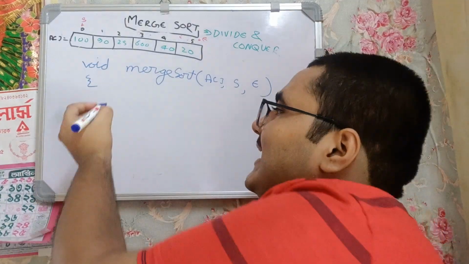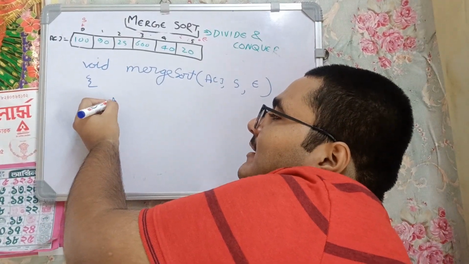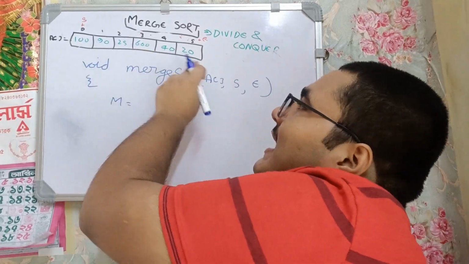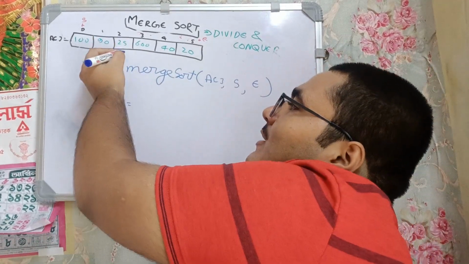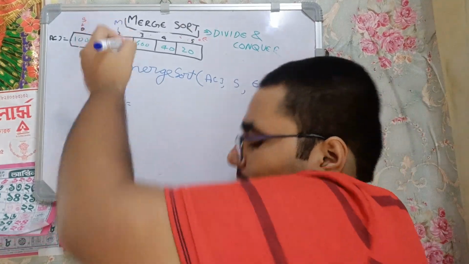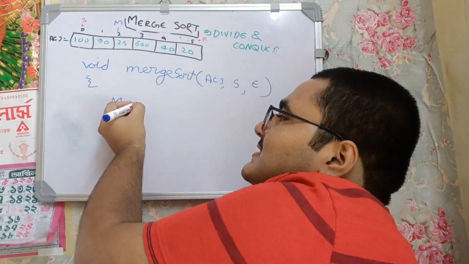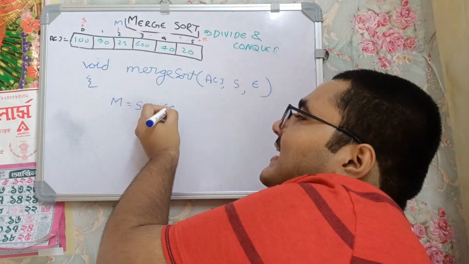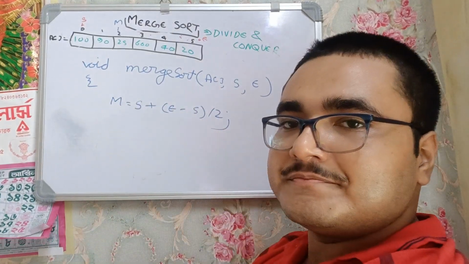Right. M is equal to, I am considering a variable, say M, that is my midpoint. So as per this, 0 plus 5 by 2, that should be 2 should be our midpoint, right. So the formula is simple, that is start plus end minus start by 2 should be our midpoint. Fine.